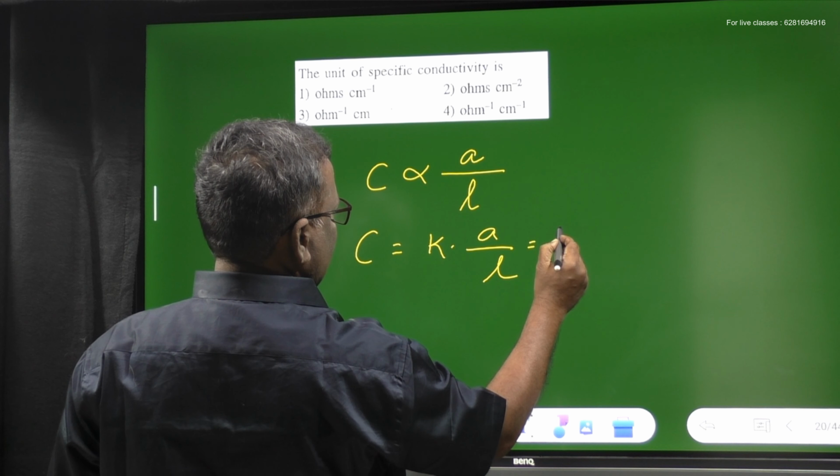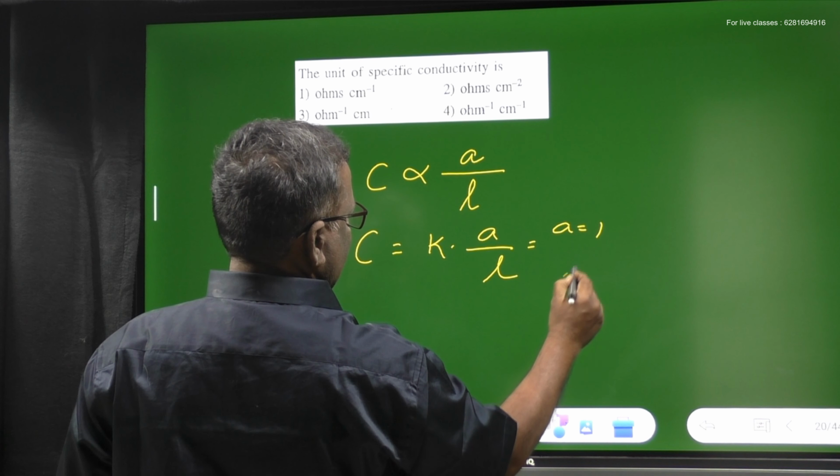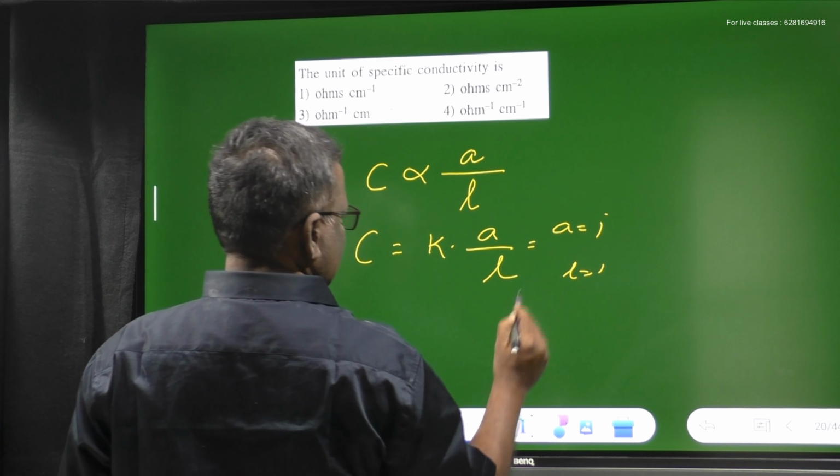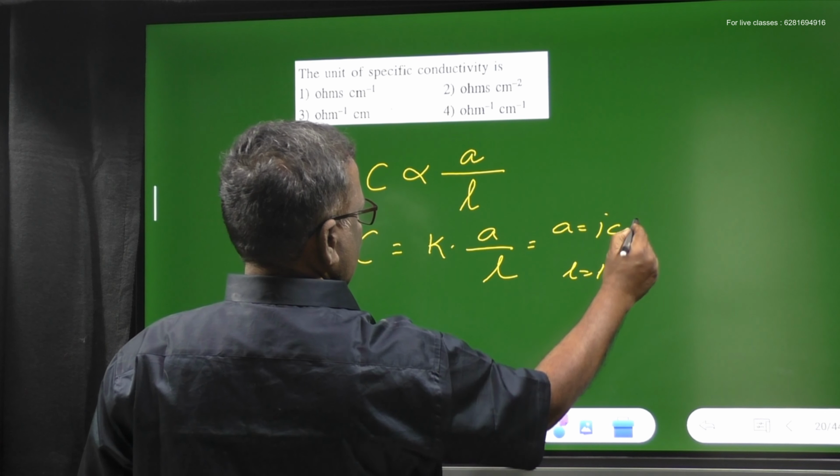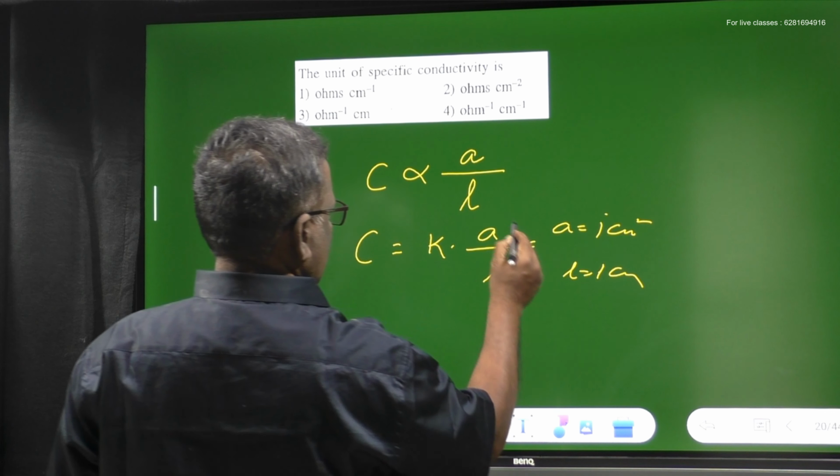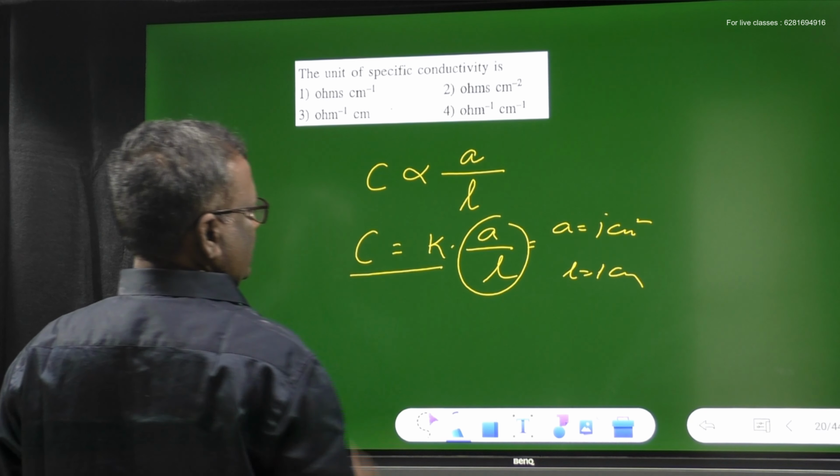Specific conductivity means if A is equal to 1 and L is equal to 1, then C is equal to K.